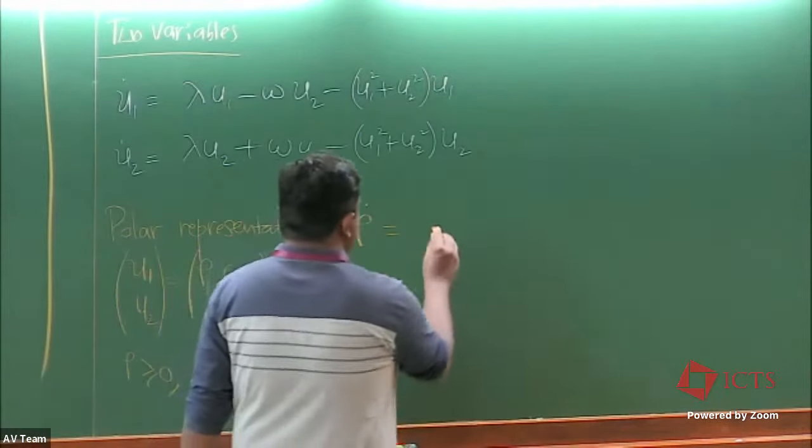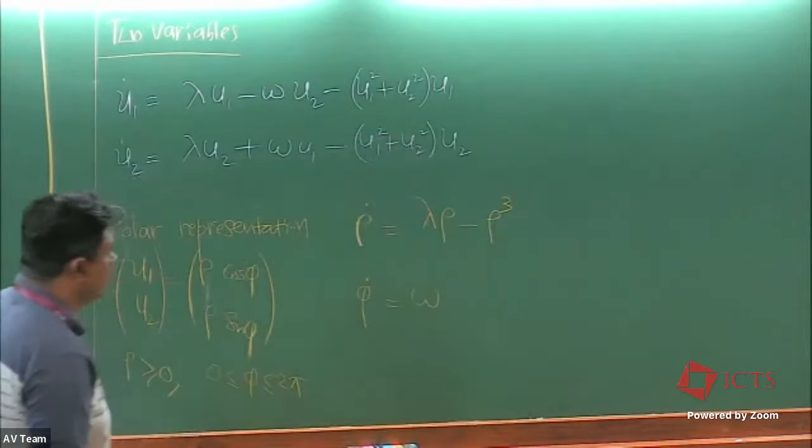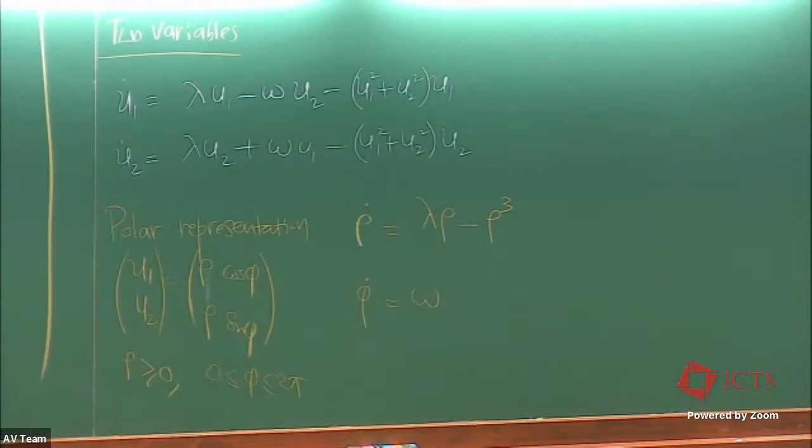So work this out. This just turns out to be lambda rho minus rho cube. So that's basically the same system that we looked at earlier. We know its bifurcation diagram quite well.